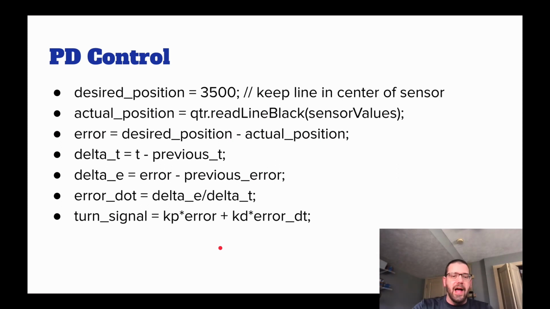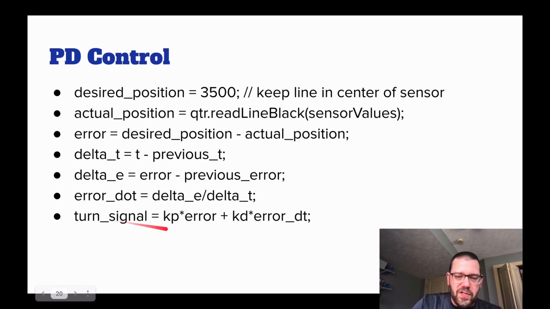So if I go to do that, go back to line following. We've got a desired position of 3,500. We have an actual position. We define an error. Somewhere in the code, we're saving the previous error and the previous time, which were the last times we went through the loop. And so then we're finding delta T and delta E and error dot.